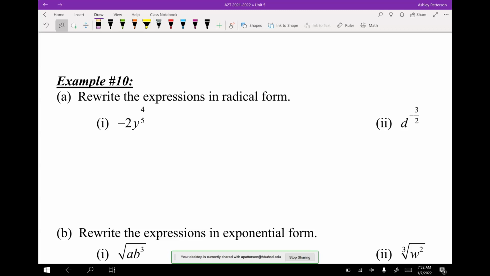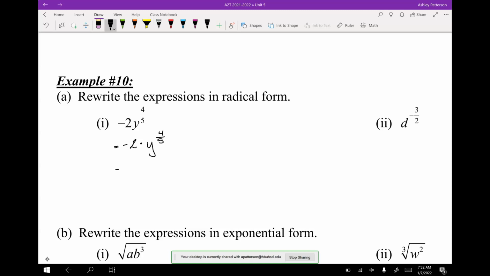The y, not the full product, right? It's not attached to the -2. It's just attached to the y. So we would write this as -2 times y to the 4/5 power. And the reason I like to split it as such is to give me a visual reminder that that exponent is only on the y.